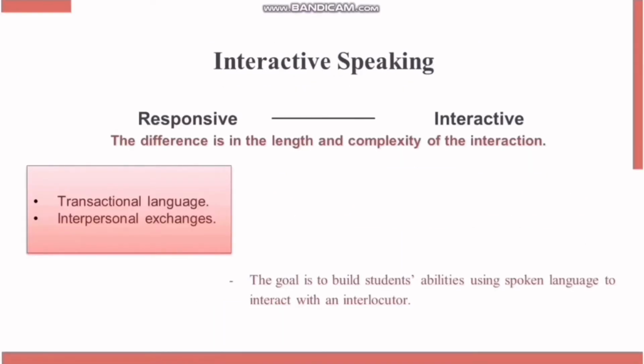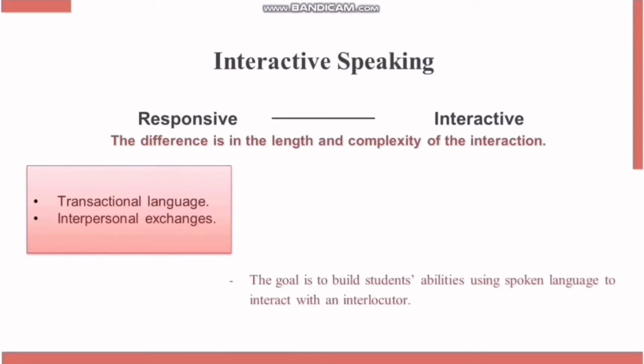So, what is interactive speaking? Interactive speaking is also different from responsive speaking. The difference is in the length and complexity of the interaction. Interactive speaking has long interaction, but responsive speaking has short interaction.